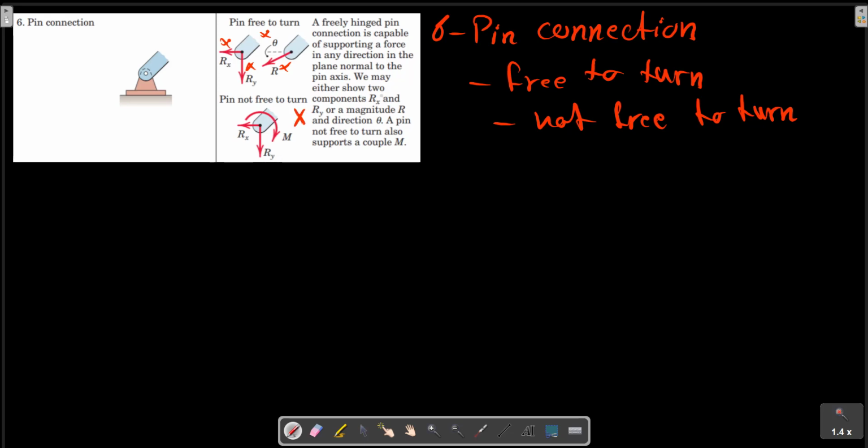The sense of M is arbitrarily shown here, but the true sense depends on how the member is loaded.